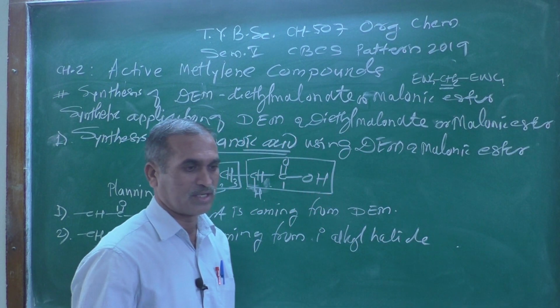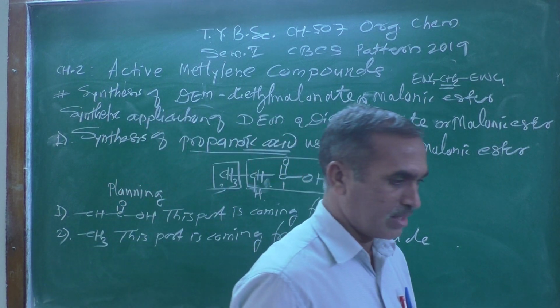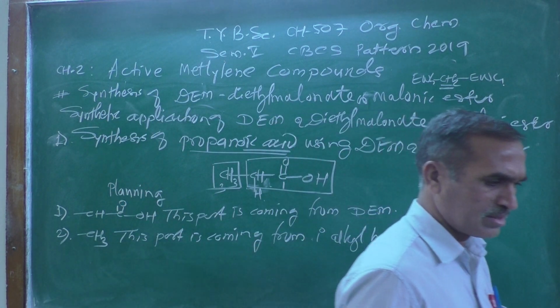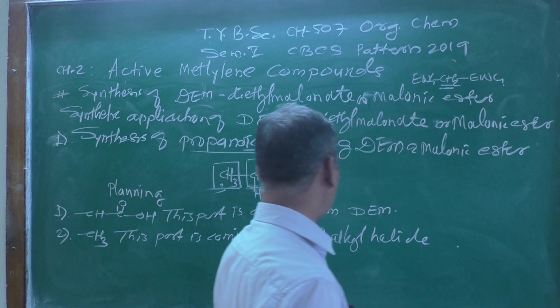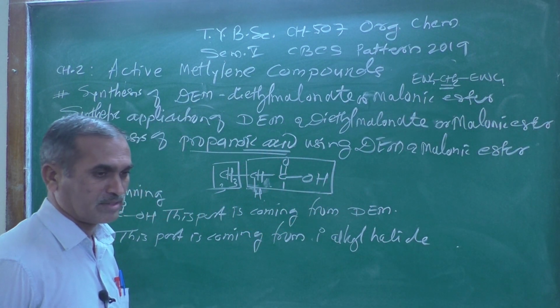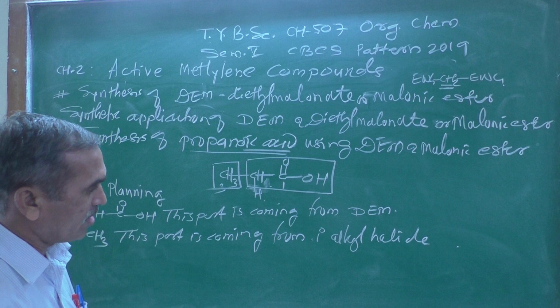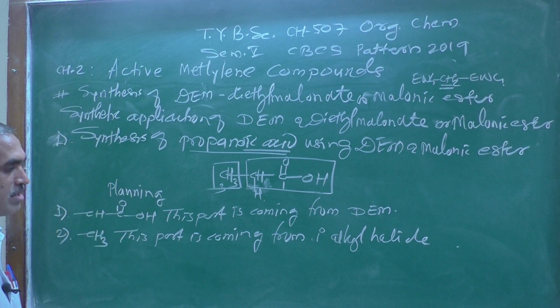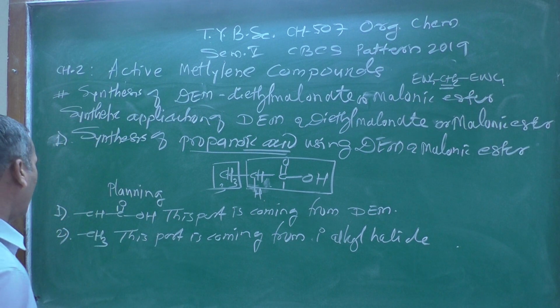And we know that the general formula of primary alkyl halide will be RX. The organic compound which has the general formula RX is known as an alkyl halide.